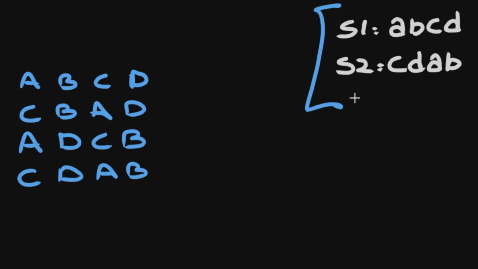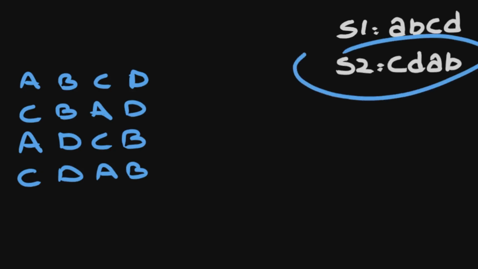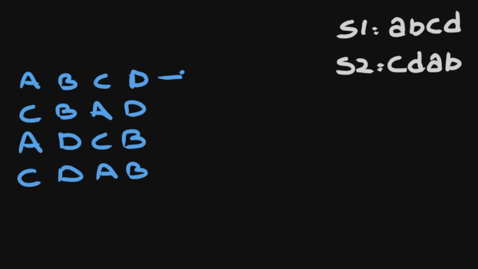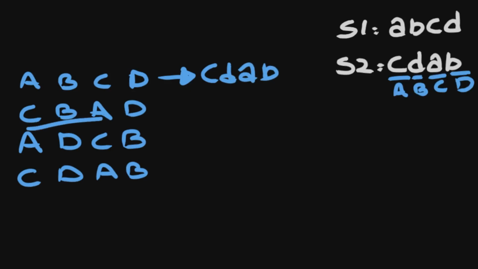So let's say that we are given this input. We can take any of these two strings. Let's say that we take string number 2 and we can map the characters here. For the first scenario, we get the characters in this order: C, D, A, B. For this scenario, we get C, B, A, D, meaning this, and then this.